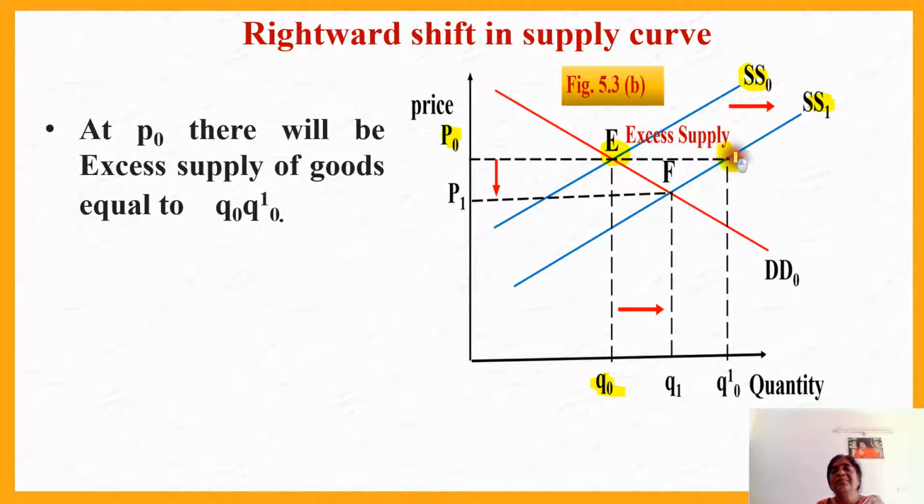You can see here the amount of commodity supplied is Q0 dash. But at the initial equilibrium, the quantity supplied is only Q0. The demand curve DD0 didn't shift, only the supply curve shifted rightward. Demand remained the same. Therefore, demand is at the Q0 level at this P0 price. But the supply after the shift increased to Q1, Q0 dash.